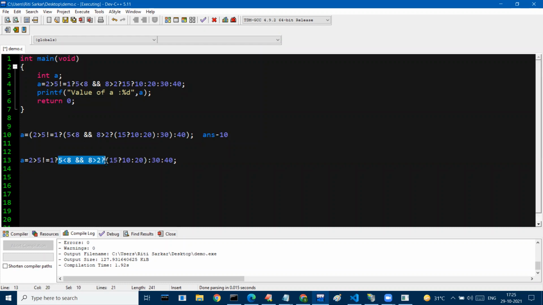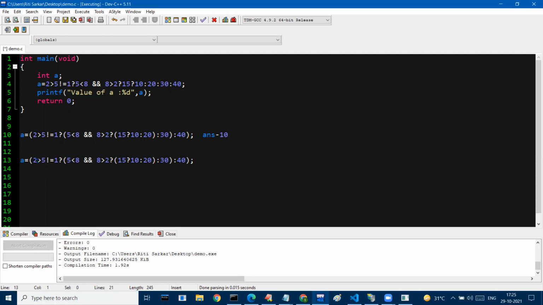So we can put this entire part under a bracket. If you want you can do that, otherwise it is not required. Put the bracket here. Now go for evaluation.